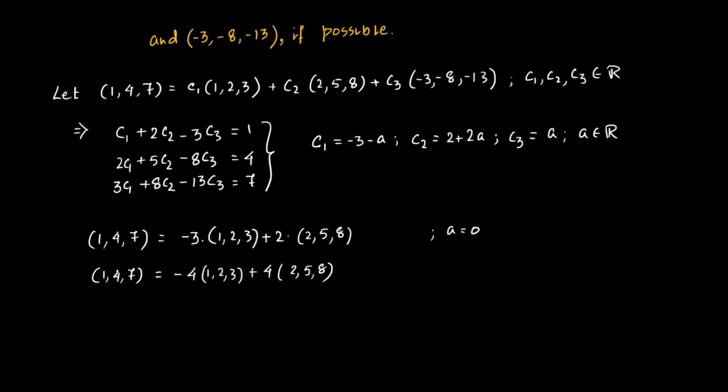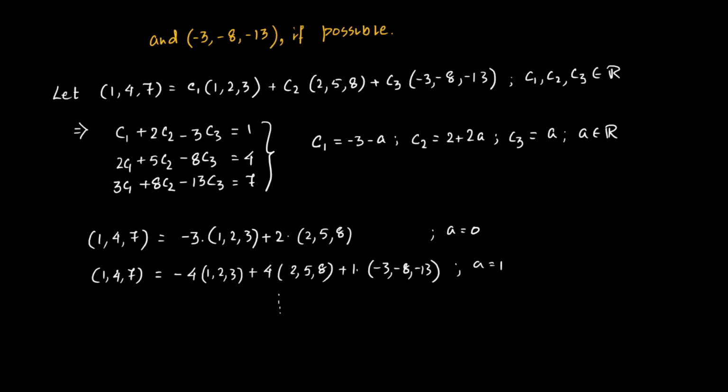And C3 is 1, so plus 1 times (minus 3, minus 8, minus 13). This is the solution I'll get for a equal to 1. In this way, if you plug in different values of a, you will get different representations for the vector (1, 4, 7) in terms of the three given vectors. So this system possesses an infinite number of solutions.